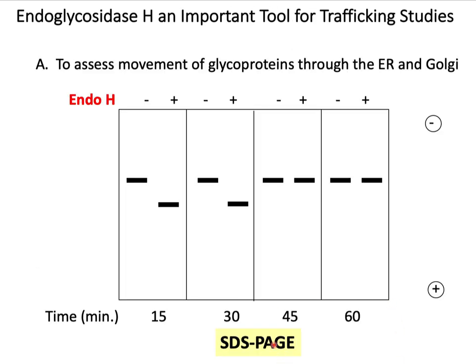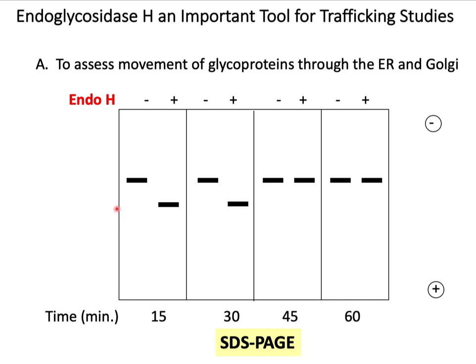So here is the same experiment using endoglycosidase H, but remember, the opposite happens in this case. For endoglycosidase H, the protein is sensitive until it crosses the medial Golgi, and then it becomes resistant.